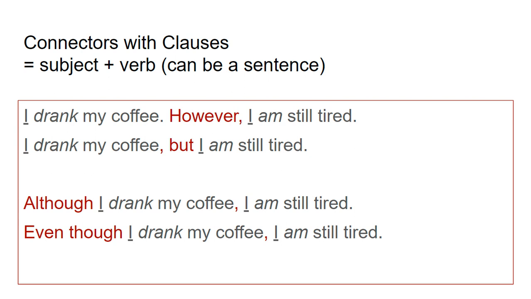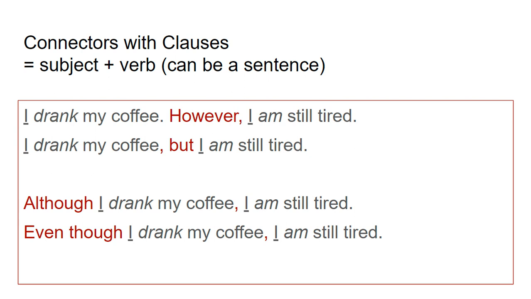I drank my coffee, period. However, comma, I am still tired. Or I drank my coffee, comma, but I am still tired. So remember, but goes with a comma in front of it when it's joining two clauses. And however usually starts a new sentence and it has a comma after it.